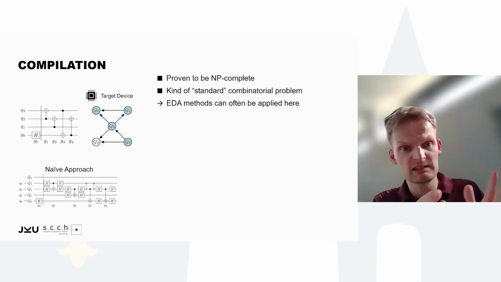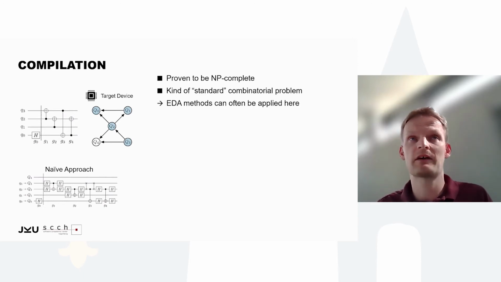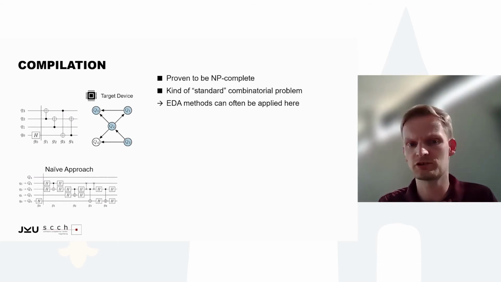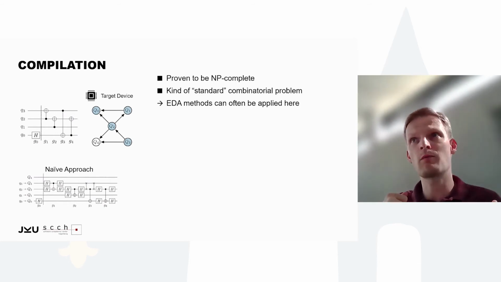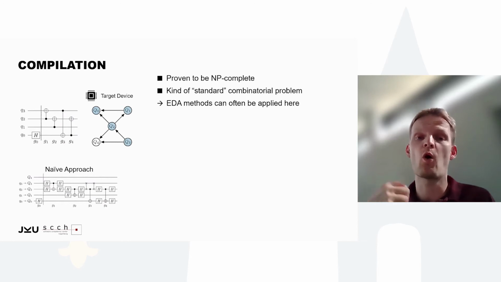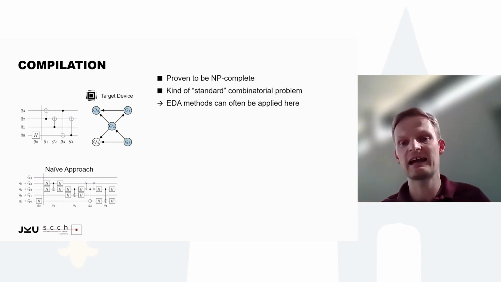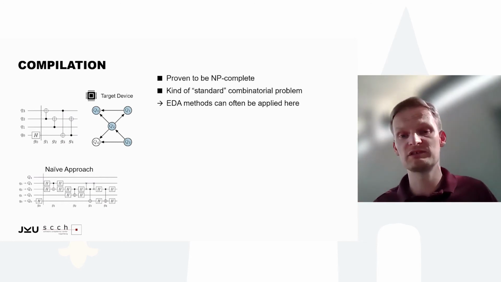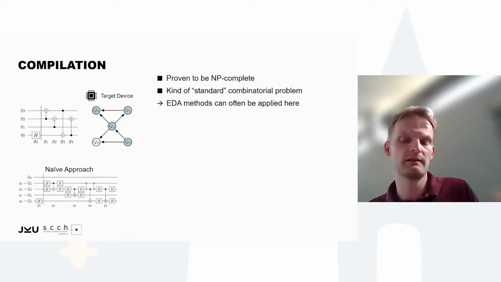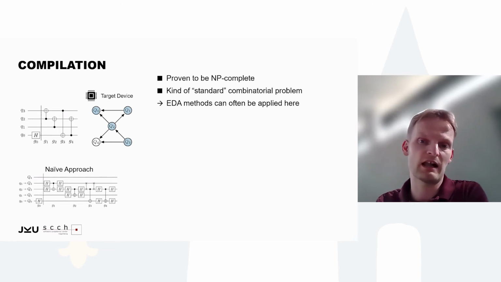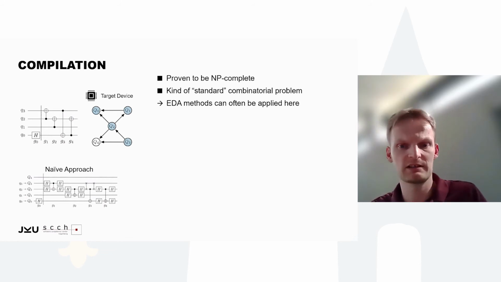In fact, this particular mapping problem here is very similar to a place and route problem we can see in electronic circuits and conventional circuits. So it is a problem which has certain characteristics which we have already seen in the past decades quite a lot, and for which very sophisticated methods have been implemented in the past. Utilizing this expertise can also help in this domain for this particular scenario.